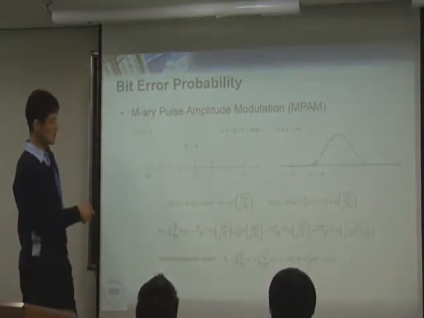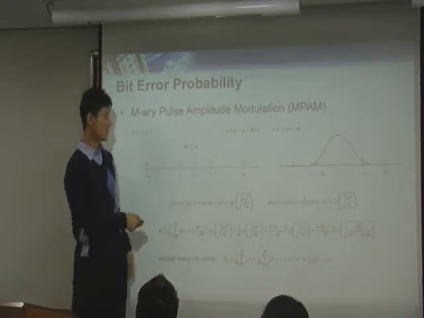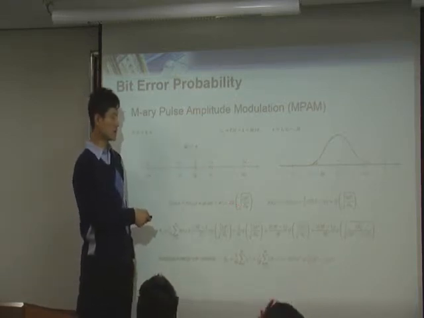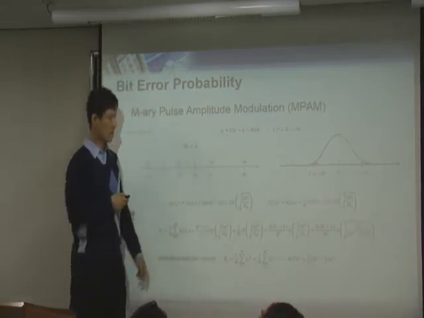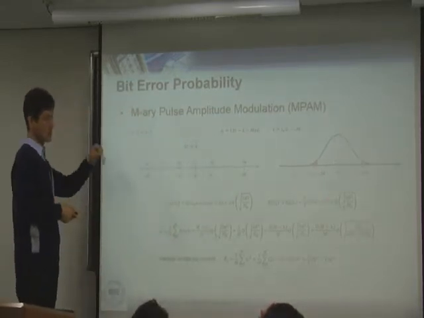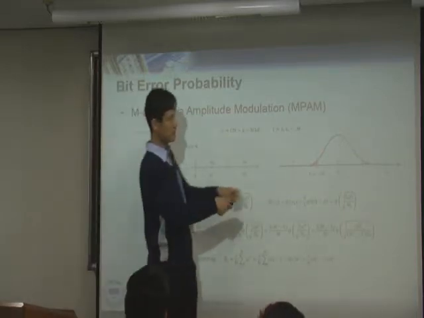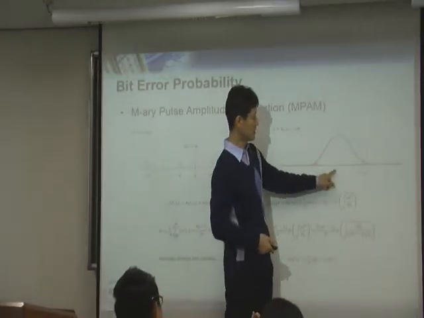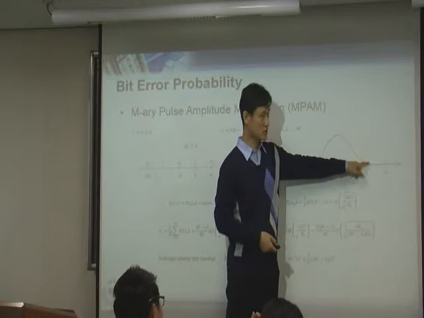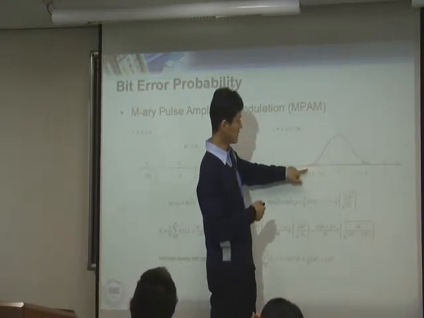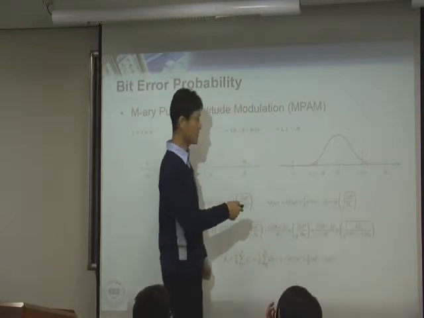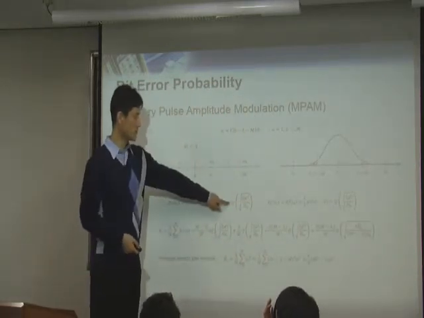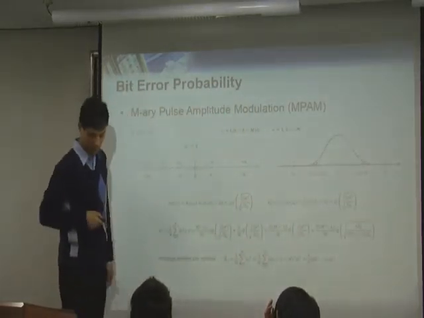So these inner points, you have 2 of this error. For the outer points, you have only 1. Right? That's what you see here. If you transmit S2, then because of this Gaussian distribution, this is the error probability. That is another error probability. That's why for this inner point, we have 2 of them, 2 of the Q function.